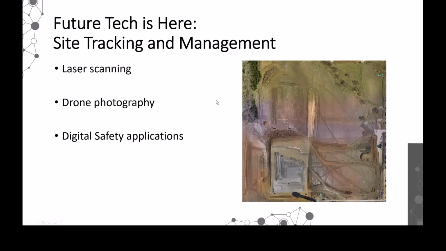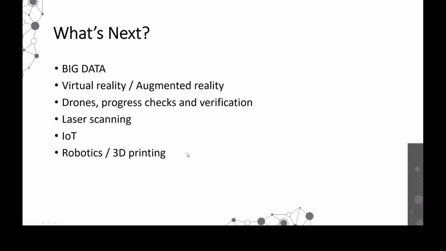Whereas we've got a drone flying over every day, we can just have a look and see, oh, look, he's only done 40%. So we're not going to pay him that much. So they're actually using it to check what people are asking for, making sure that things are happening as they're supposed to. And also digital safety is becoming more and more a hot topic on these big sites.